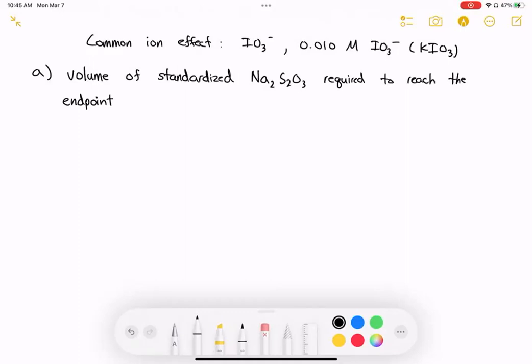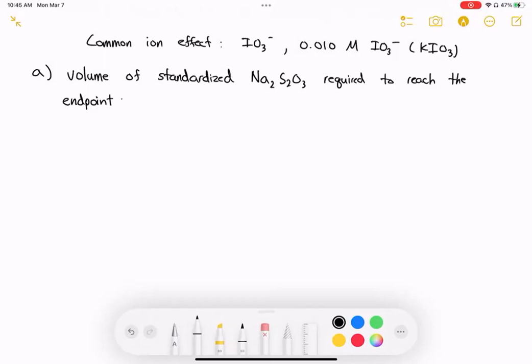I think it should say the equivalence point, but the endpoint, equivalence point, assuming it's the same as the equivalence point, or when the titration ended.